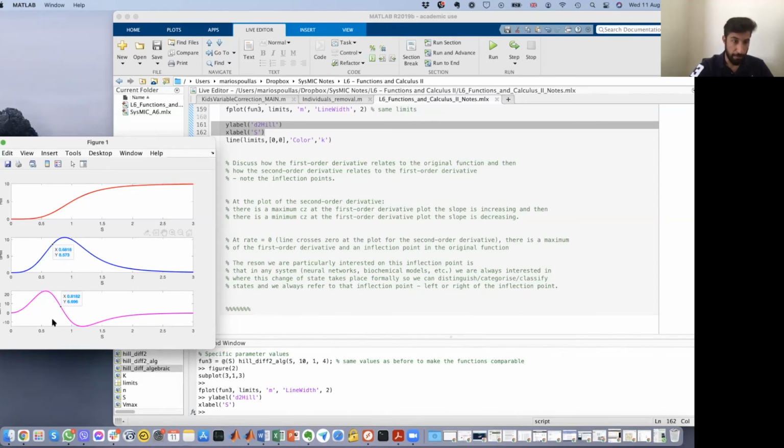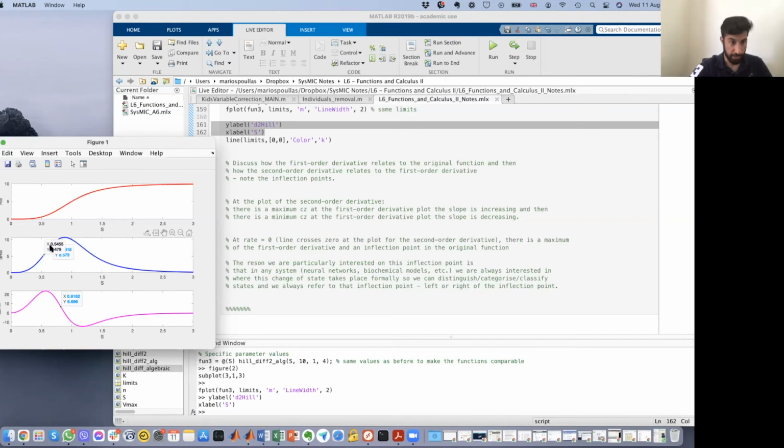The same can be seen in the second order derivative. The slope is increasing up to this maximum point here. As you can see in the blue line, the slope is increasing up to this point, which is the same as where the maximum here is.